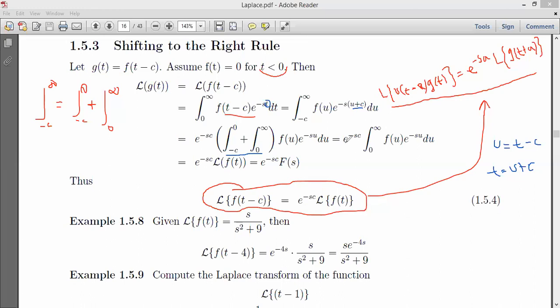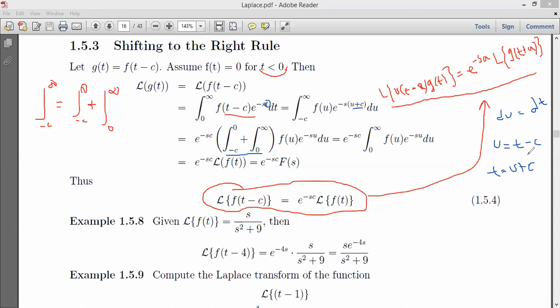And of course, now for the change of scale, remember your limits. If you have u, it is moving from minus c to infinity. Then of course you know that your du is simply dt, so that dt becomes a du there.